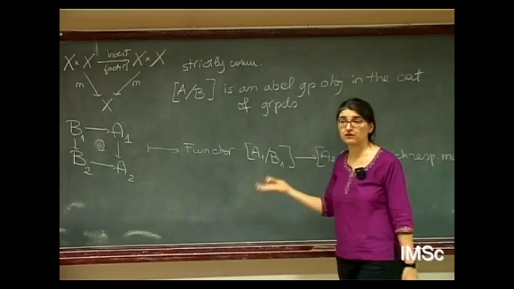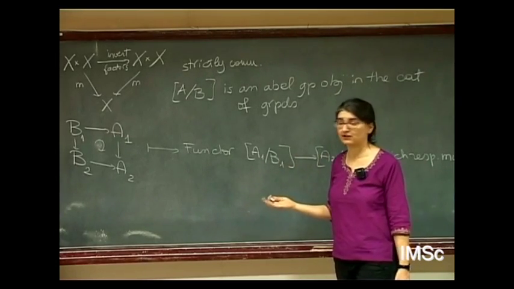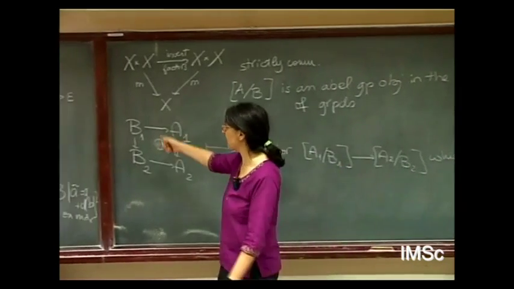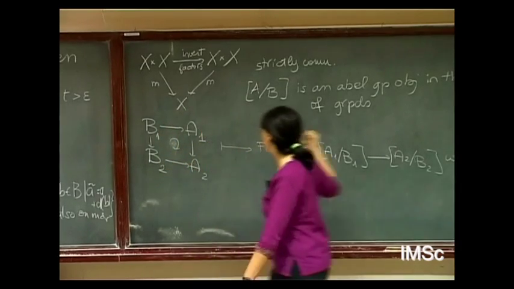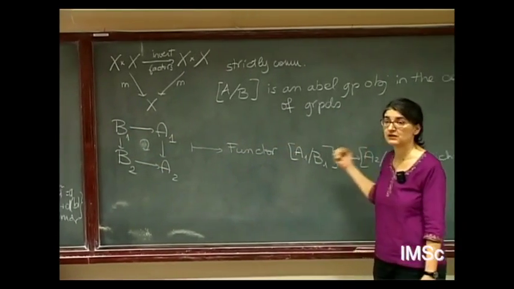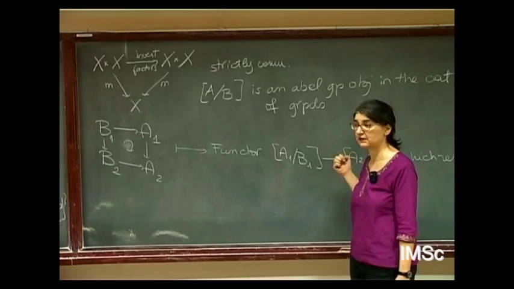So far, I'm viewing these morphisms as a category and these objects also as a category, but of course each of them has a two-category structure. So here it makes sense to say that two morphisms are homotopic, and here it makes sense to say that two functors are equivalent.